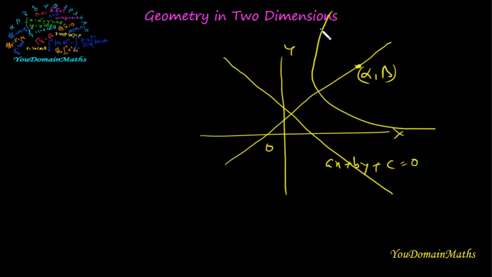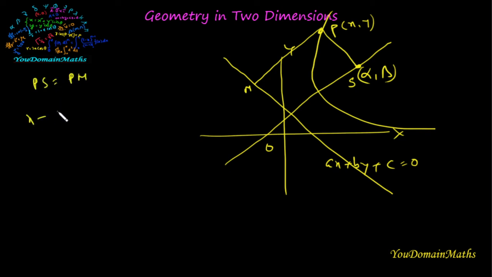Any point on the parabola P of x comma y, the distance between S and P is PS, and the perpendicular distance from point P to the directrix is PM. Then according to the definition of parabola, PS equals PM.